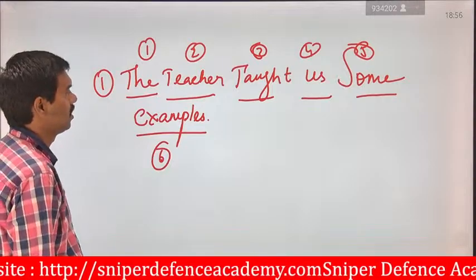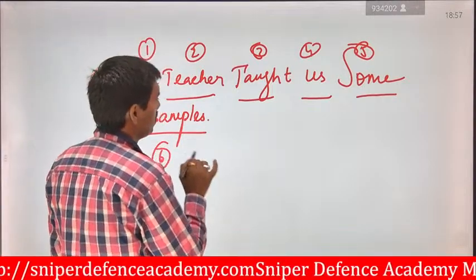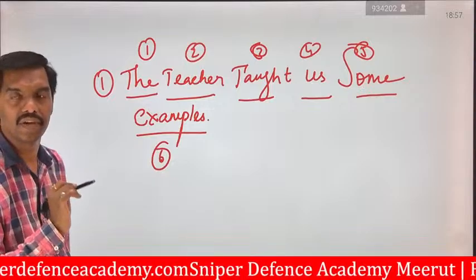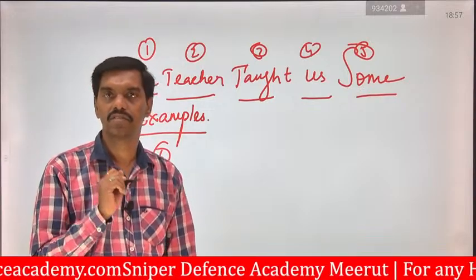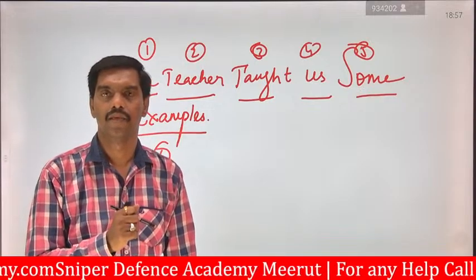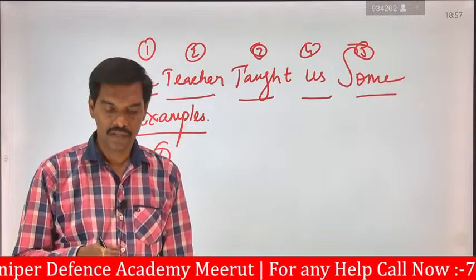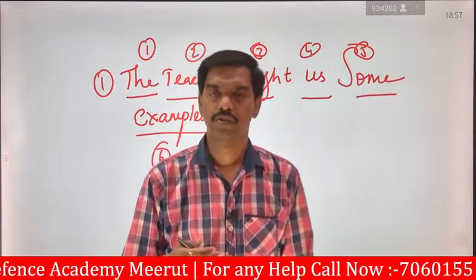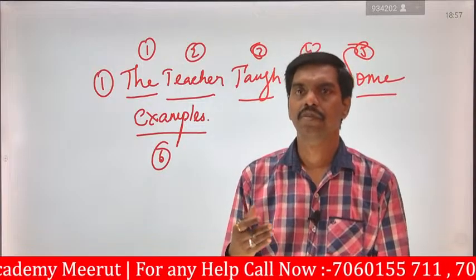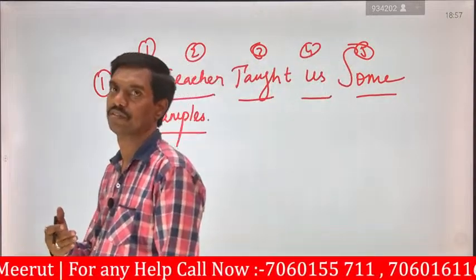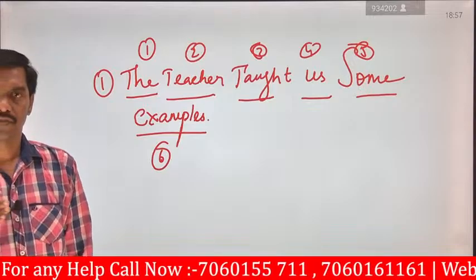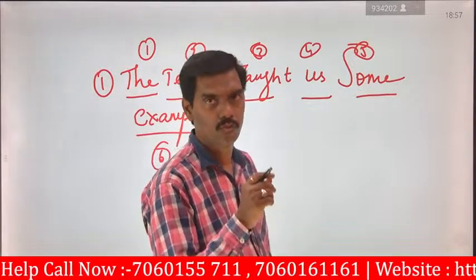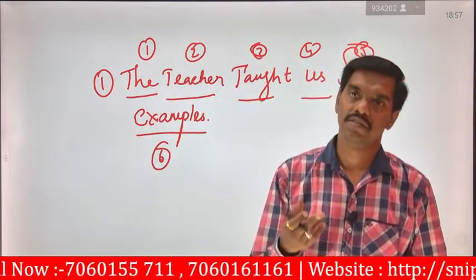Okay. Now, how to identify the subject in this sentence? In what way can we identify it? Once you are a beginner, you should know how to identify. First, you have to read the sentence once, twice, or thrice.